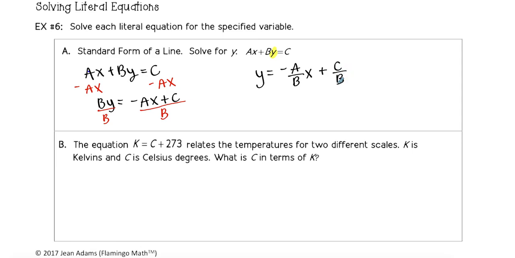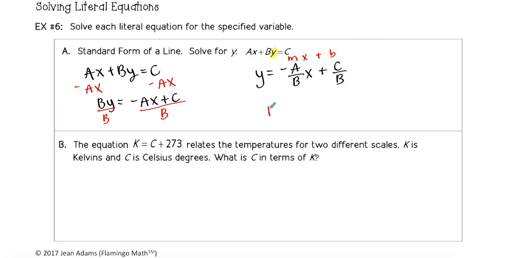Hopefully you guys realize this is in slope-intercept form, right? Going back to algebra and all those lines we did. Remember it goes mx plus b, m being your slope, b being your y-intercept.